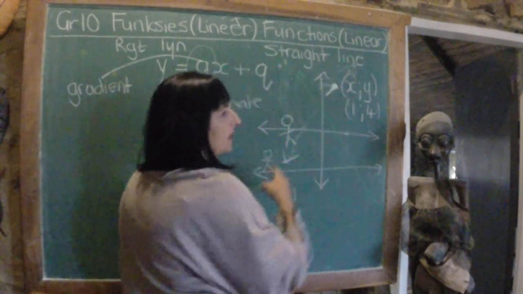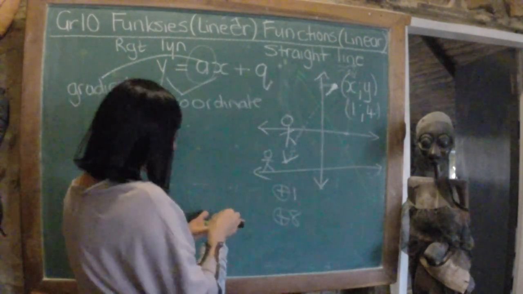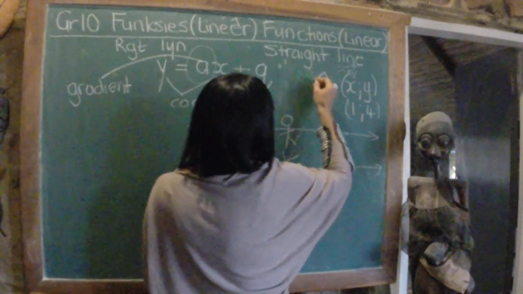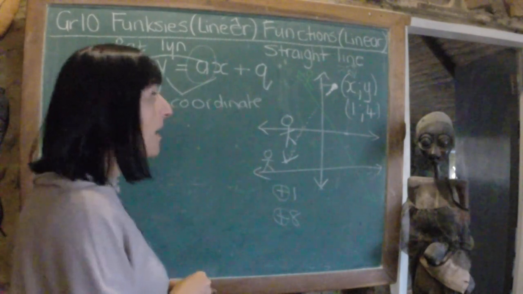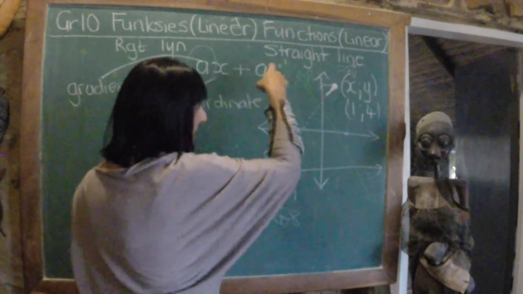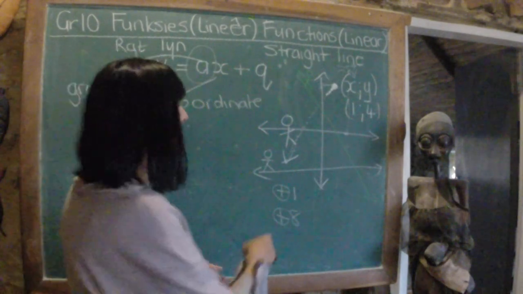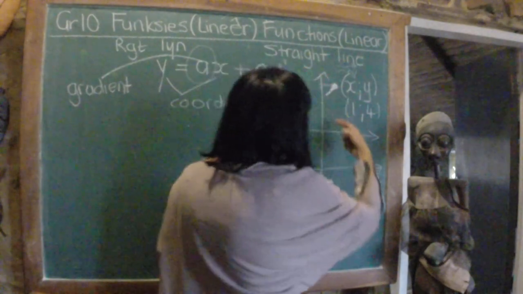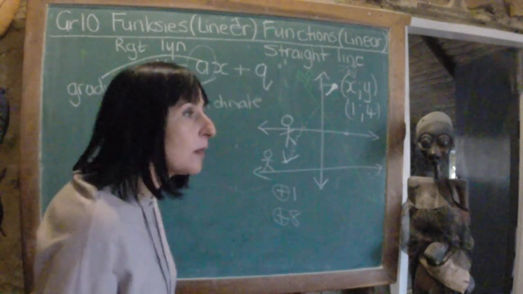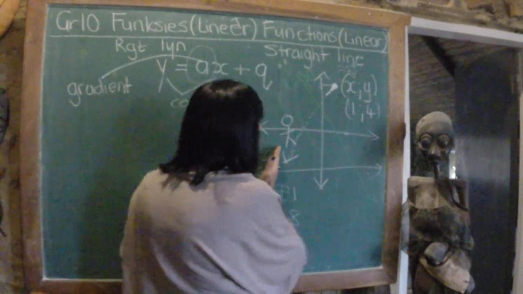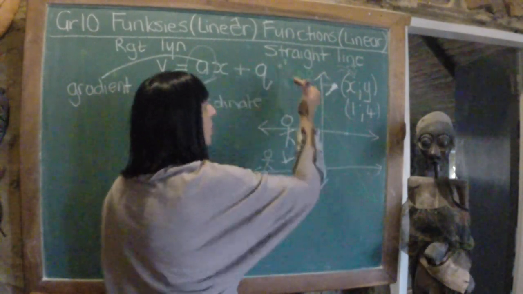Hierdie ene, very difficult. If you look at the green line, this guy is now not going upwards, he's going downwards. Whee! But this is a steep line downwards, so this guy is going to go fast. So, dis 'n groot gradient, want hy's steil, but we must distinguish between walking upwards or walking downwards.